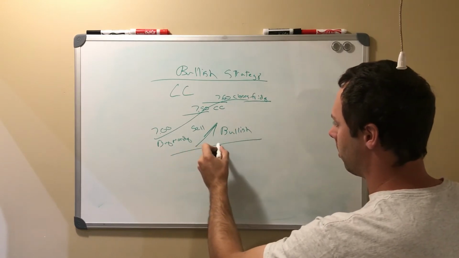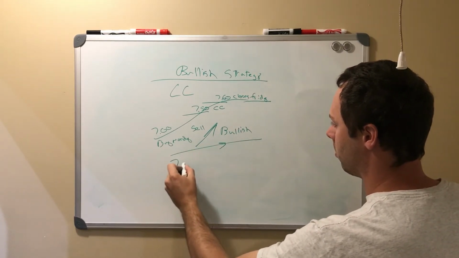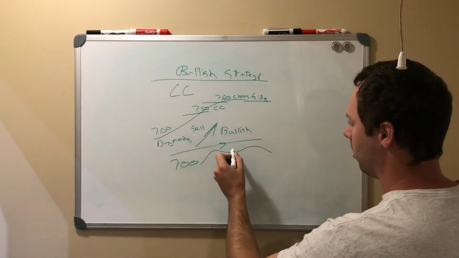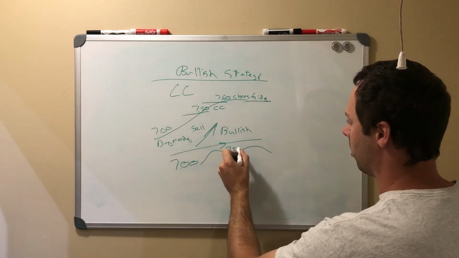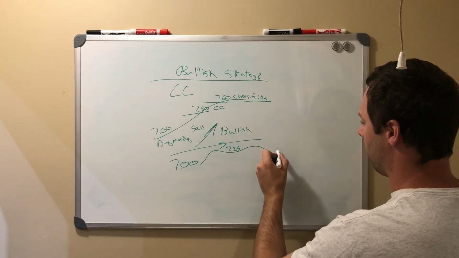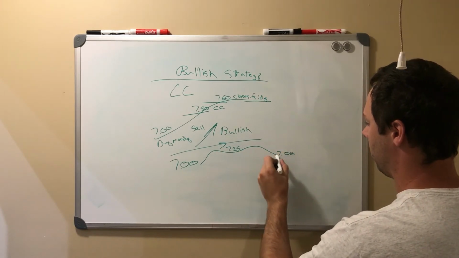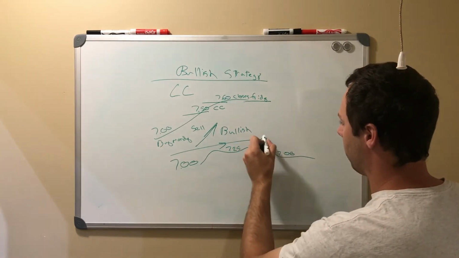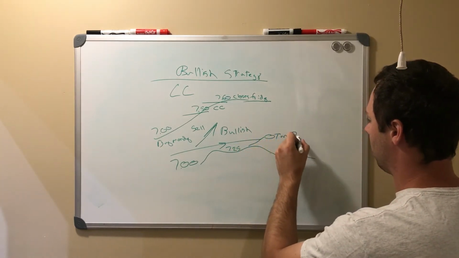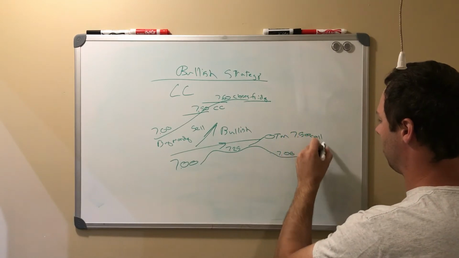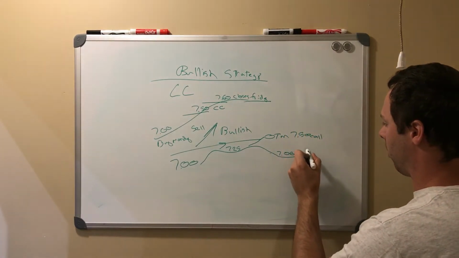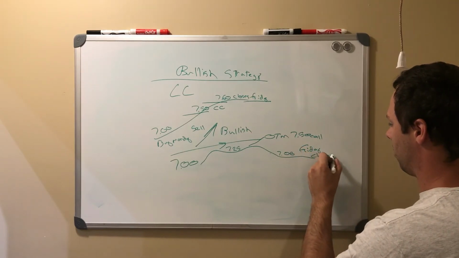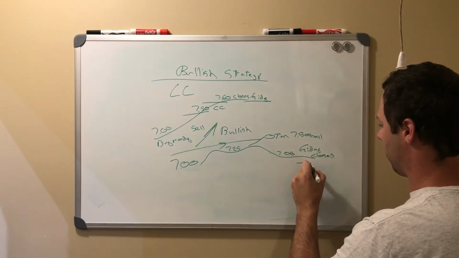What about neutral? So we buy at 7, the stock goes up and then down. Basically you sold that out of the money 7.50 call. On Friday, the stock closes at 7.10.